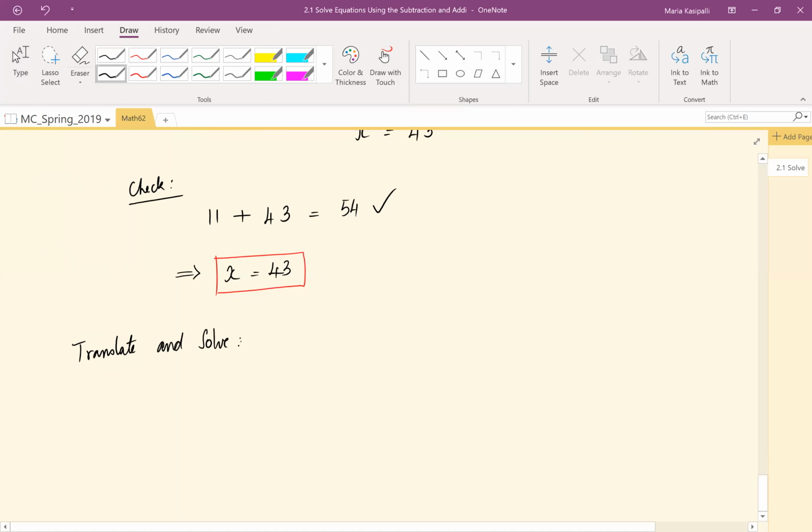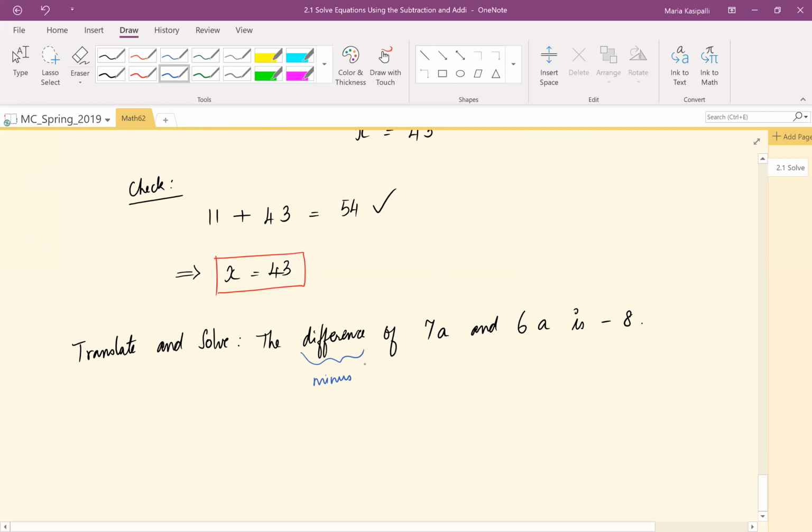Translate and solve. The difference of 7a and 6a is -8. Again, let's do word by word. The difference means minus, right? But remember, minus goes in between two numbers.